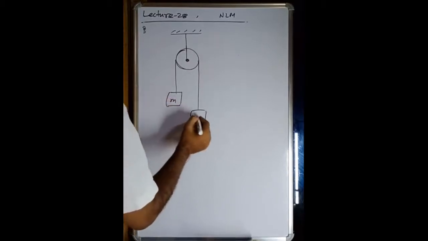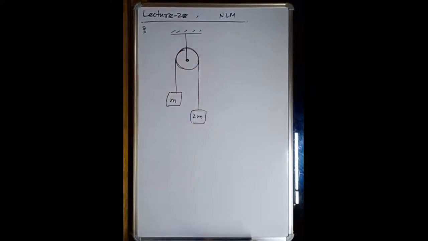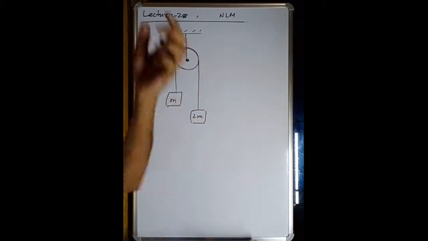It is M and 2M. We will learn today the shortcut method to find the acceleration of such type of system and tension. And you can also find the net force acting on the ceiling as well.